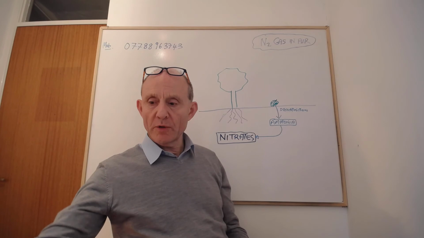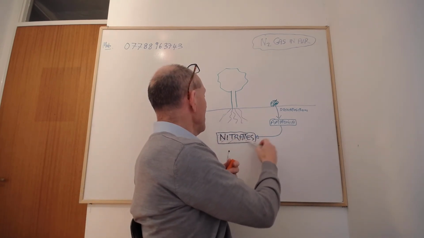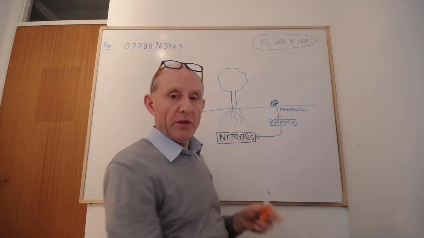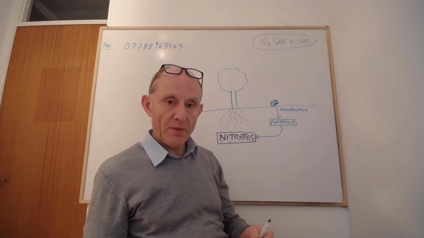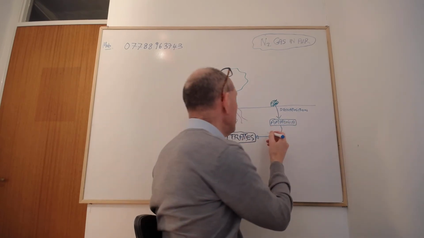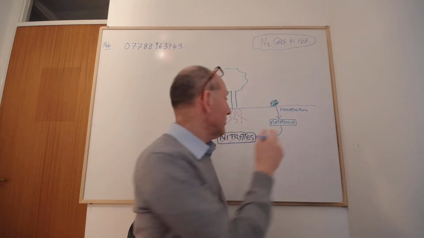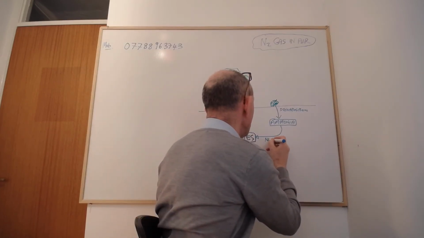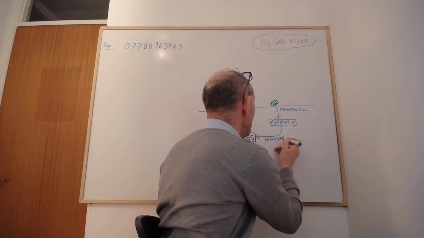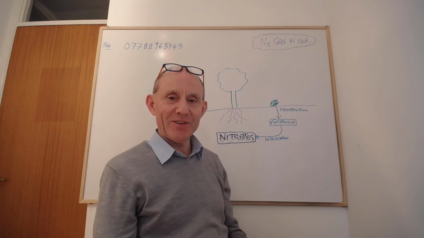Here I want to flag up nitrates as being all important. So ammonia has been converted into nitrates, and this process is called nitrification. So I'm going to try and write that: N-I-T-R-I-F-I-C-A-T-I-O-N. Unfortunately, all the words in the nitrogen cycle are very long.